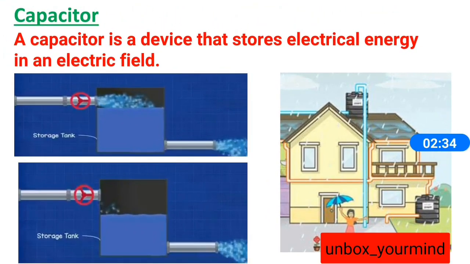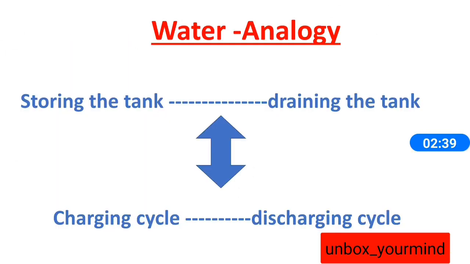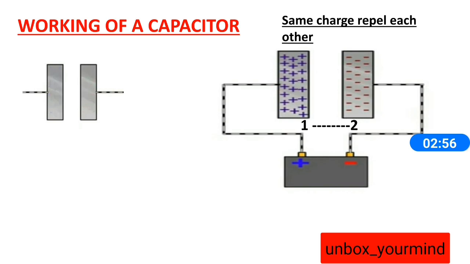For that we use capacitors. This is a basic analogy, and in the last video we also saw the water analogy. According to that, filling the tank is similar to the charging cycle of a capacitor, and draining the tank is similar to the discharging cycle of a capacitor.